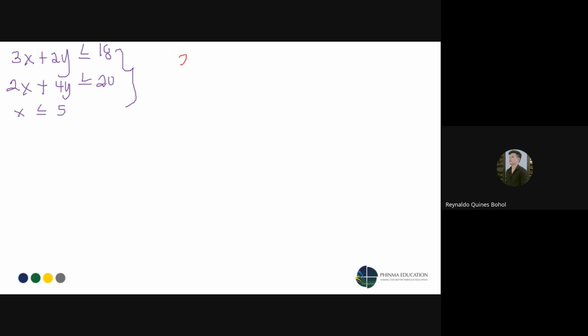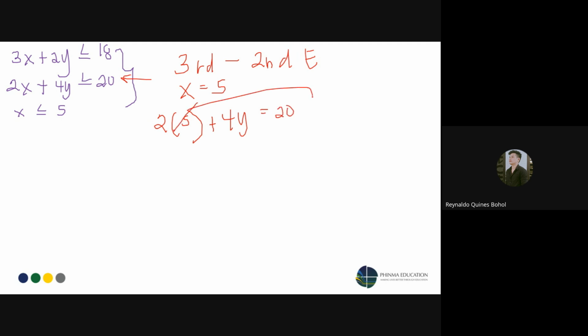So, third equation, third to second equation. Your x here is 5. So, magiging 2 times 5 plus 4y. Andito na ako sa second equals 20. Ito magiging 10. Lipat sa kabila. Sorry. Lipat sa kabila yan.